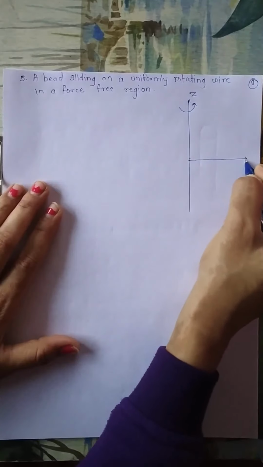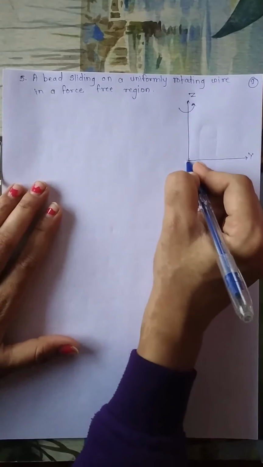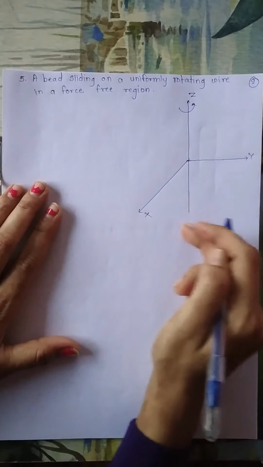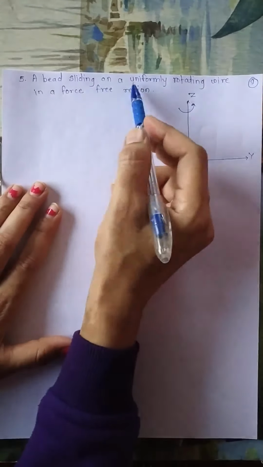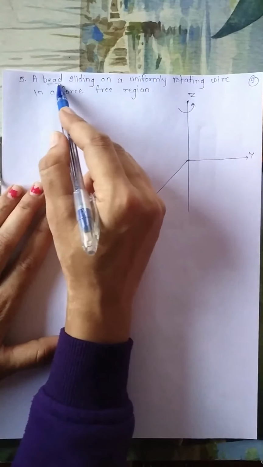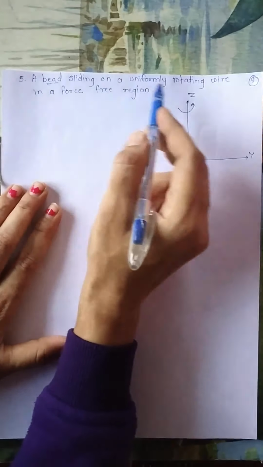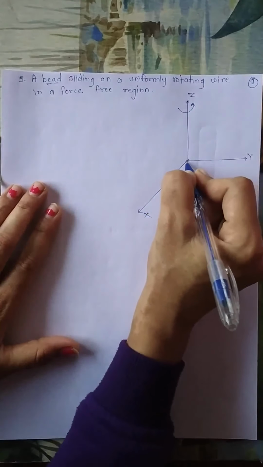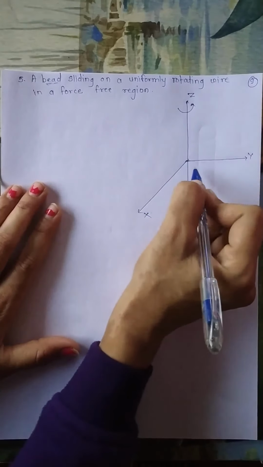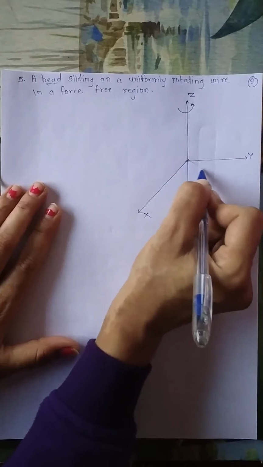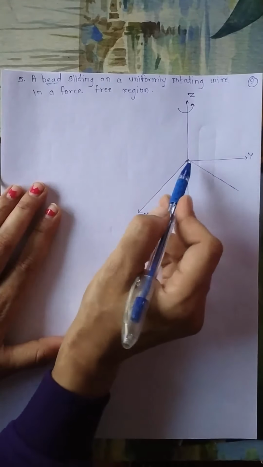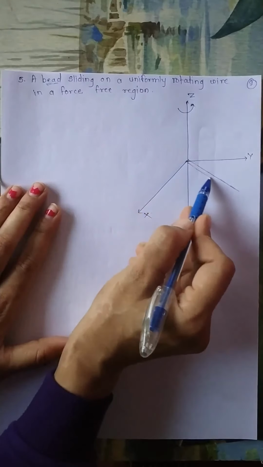So let me draw that plane. Let's say this is y and this is x. So in this xy plane, a bead, that is some mass, is sliding on a rotating wire. It means I have to draw a wire here. I will draw that wire in two-dimensional form so that you can imagine a bead sliding on that wire.